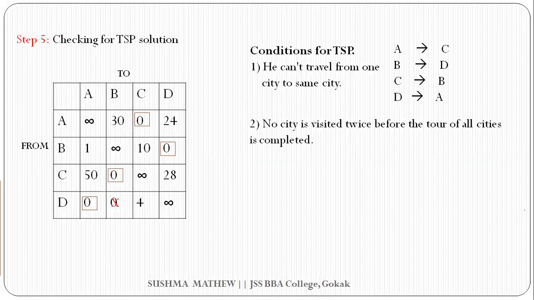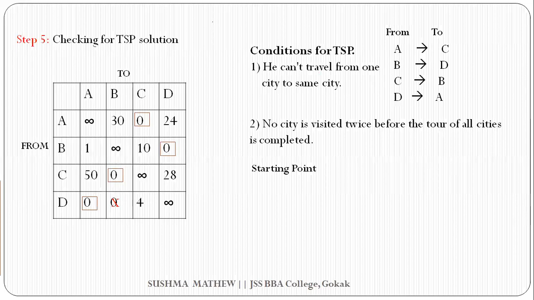Now, the second condition says that no city is visited twice before the tour of all cities is completed. Suppose he started from A, we should make sure that in between he is not coming back to A again. He should visit all the cities and then come back.